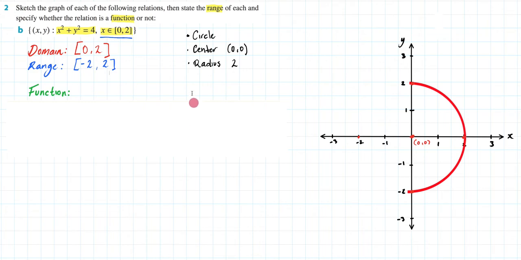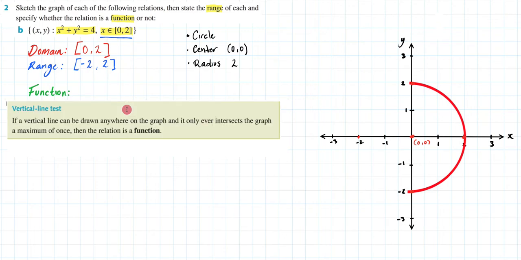Next, now that I've found my domain and range, and I've given it a sketch, I now need to figure out whether or not this is a function. And to do that, I'm going to be using the vertical line test. In the textbook we read, if a vertical line can be drawn anywhere on the graph and it only ever intersects the graph a maximum of once, then the relation is a function. So what I'm going to do is get a straight line, and I could do this anywhere on my graph.